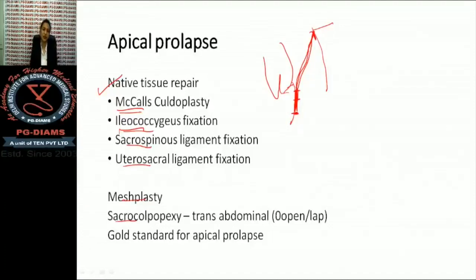This procedure is done transabdominally. It can be done open or laparoscopically, right? This mesh plasty which is done abdominally for apical prolapses is the gold standard procedure for apical prolapse these days.